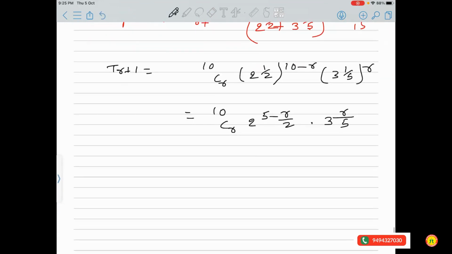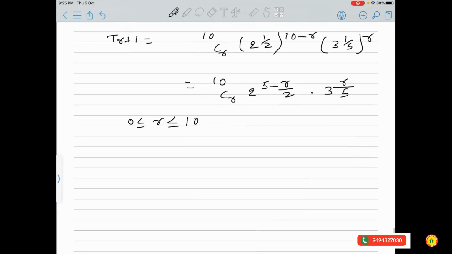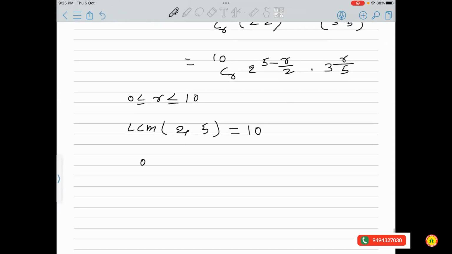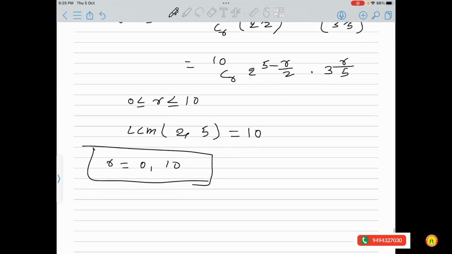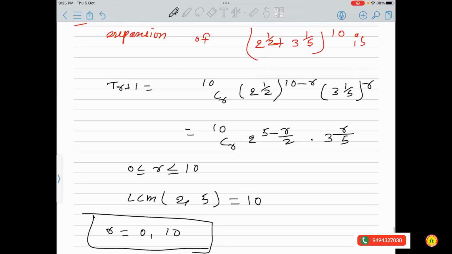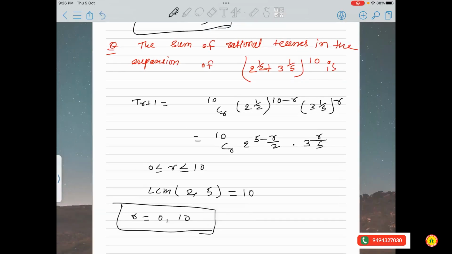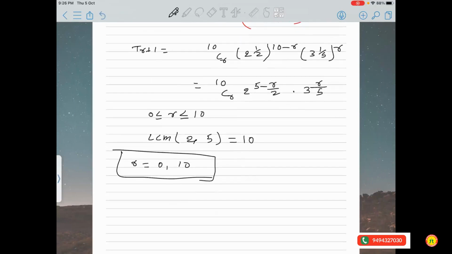So r belongs to 0 to 10, and the LCM of 2 and 5 is 10. So r is equal to 0 and 10 give the rational terms, right? Got it?